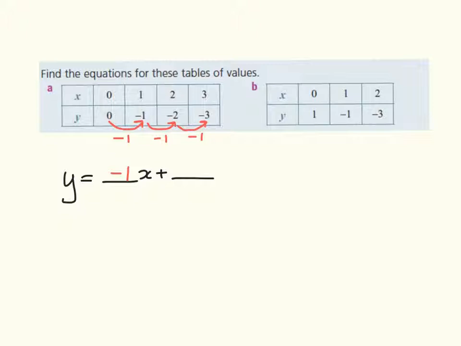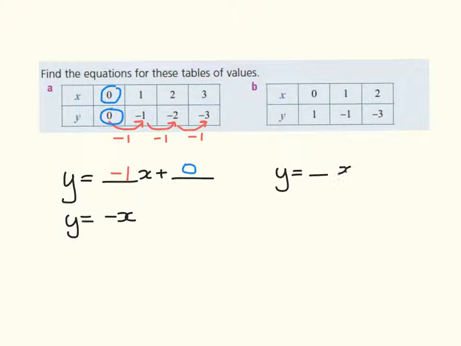So that number, -1, goes in front of the x. Okay, now I need to find out what that last number is. Well, when x equals 0, y equals 0 as well. So that's my last number. So this equation can be written as y equals -x, and we don't need that 0 there. So y equals -x.